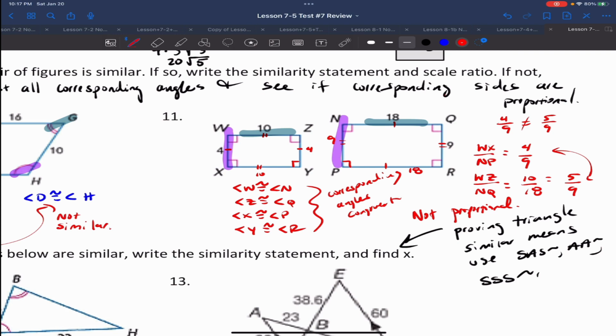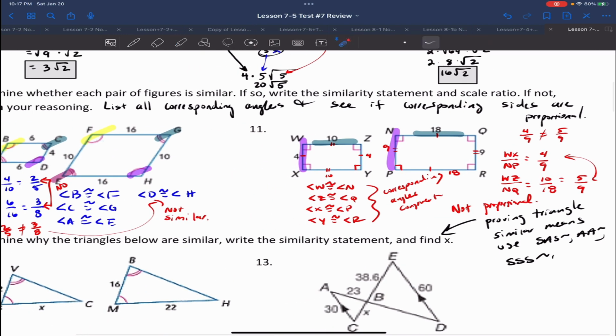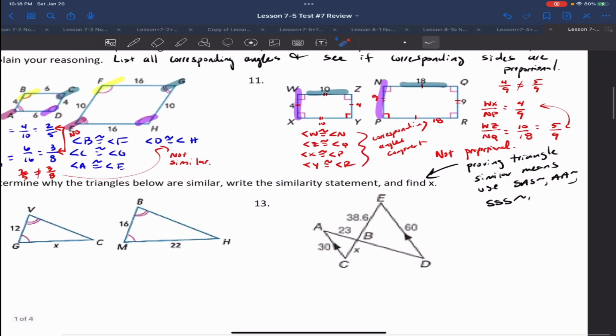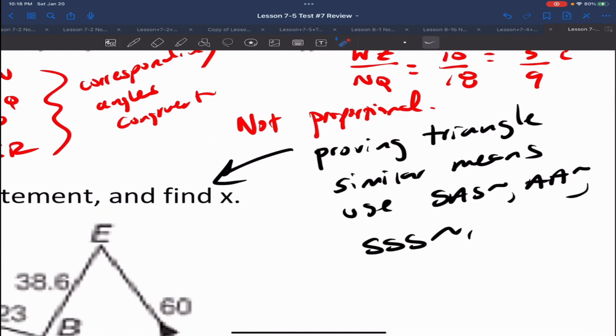And I want to emphasize that when you're comparing figures that are not triangles, you're going to do this process. Whereas if you're determining whether the triangles are similar, well, you will be using the similarity theorems: side angle similarity, angle similarity, or side similarity.